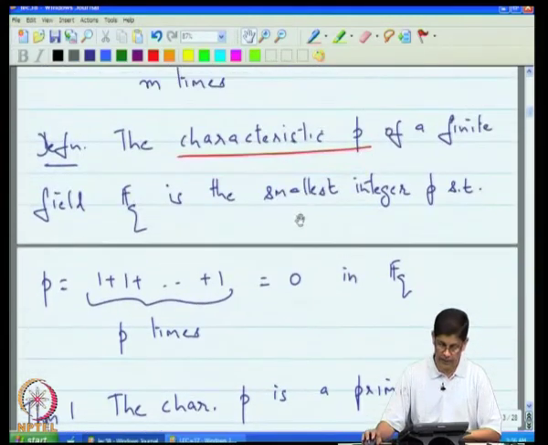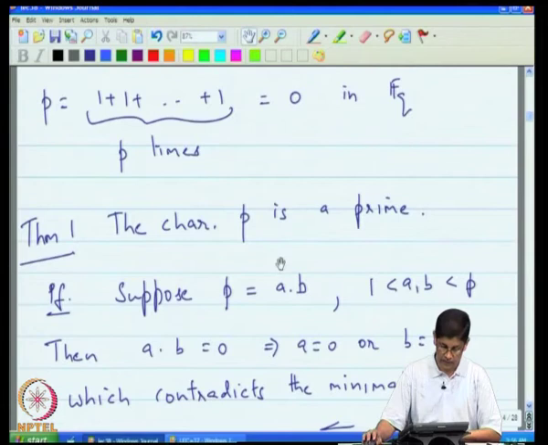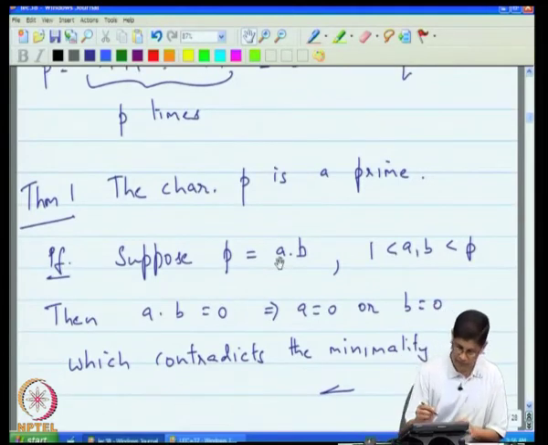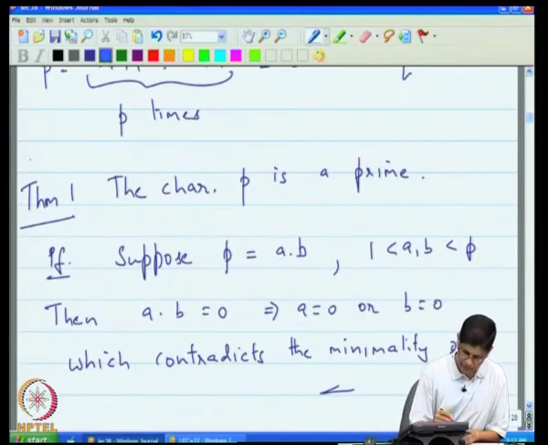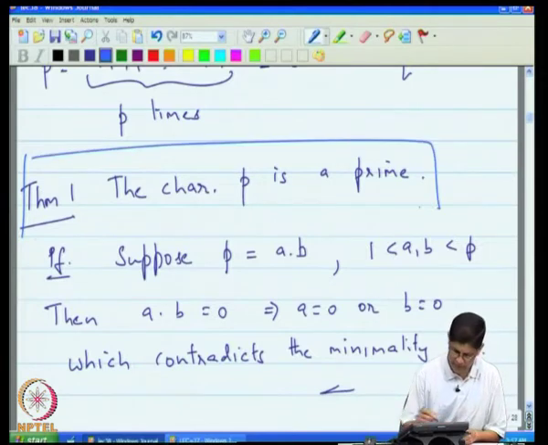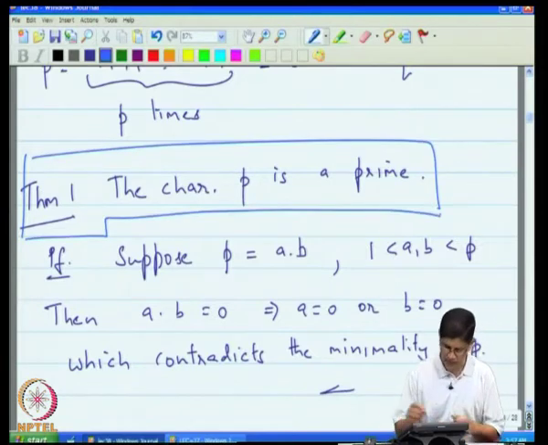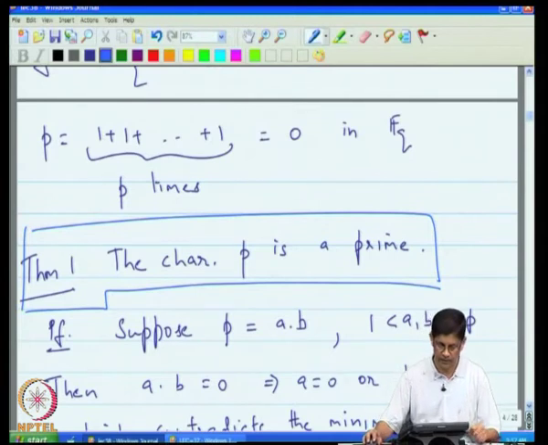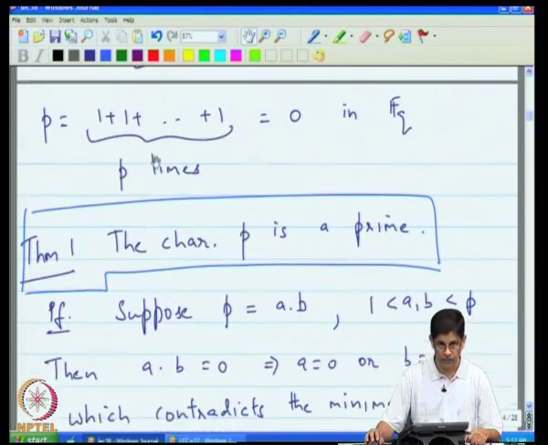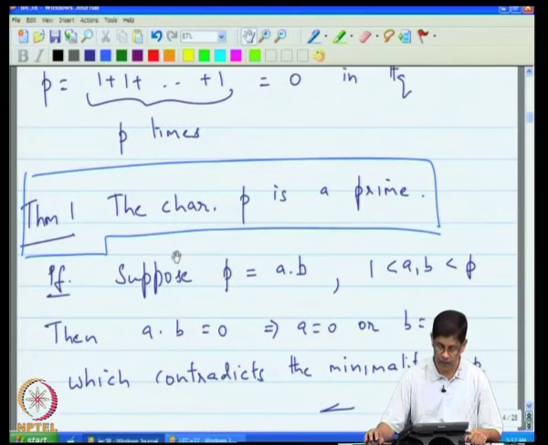So this is called the characteristic. The first theorem that we want to prove is that the characteristic of a finite field is a prime. In other words, the smallest number of copies of 1 when added together to give 0 must be a prime. How do we prove that?